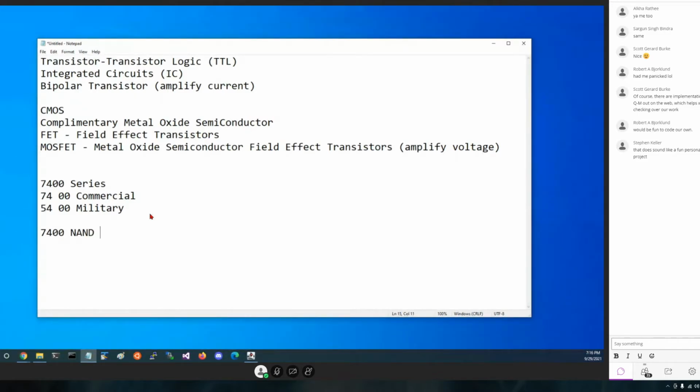It's specifically a quad 2-input NAND gate or NAND chip. Quad means there are 4 NAND gates inside the chip. Each of them has 2 inputs.